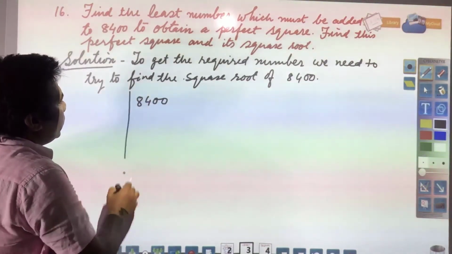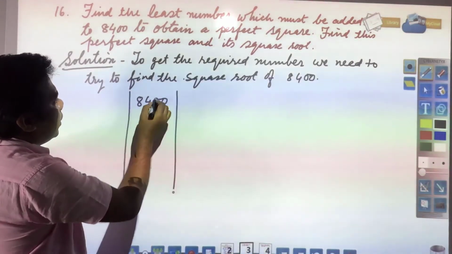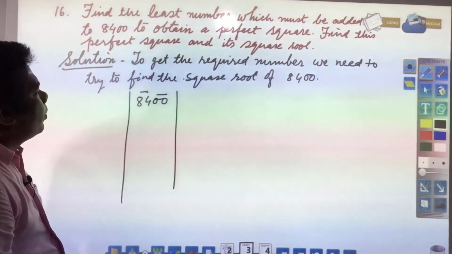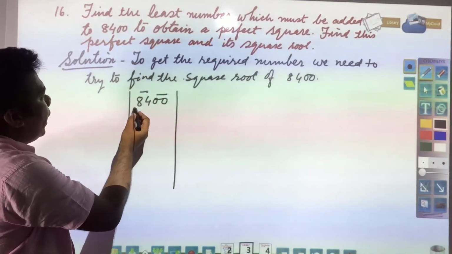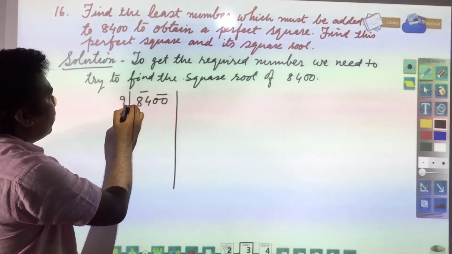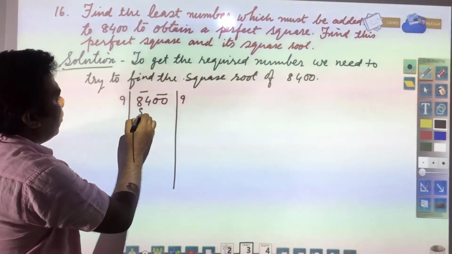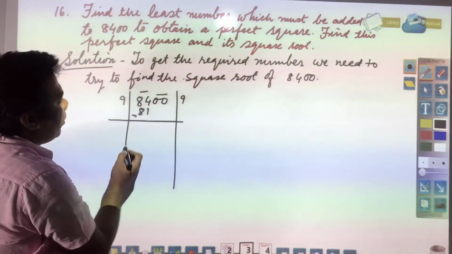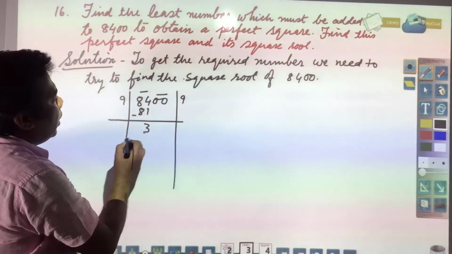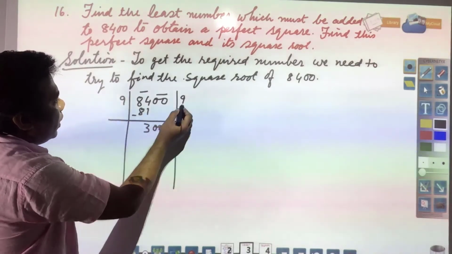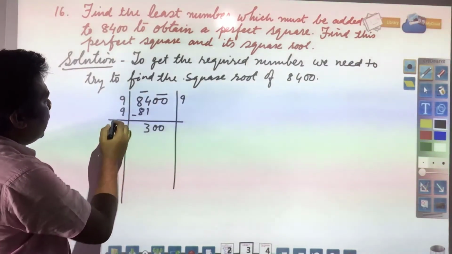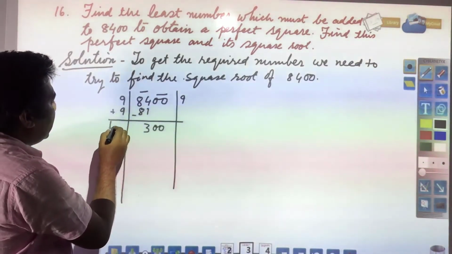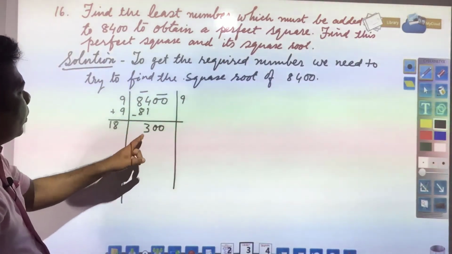Here you see, we will divide this like this, pairs will be made. Now you see 9 9s are 81, it is needed to be subtracted, you will get 3. Next period you have 00, 9 is required to be added over here, it will be 18. Now we need to see how many times it will go.